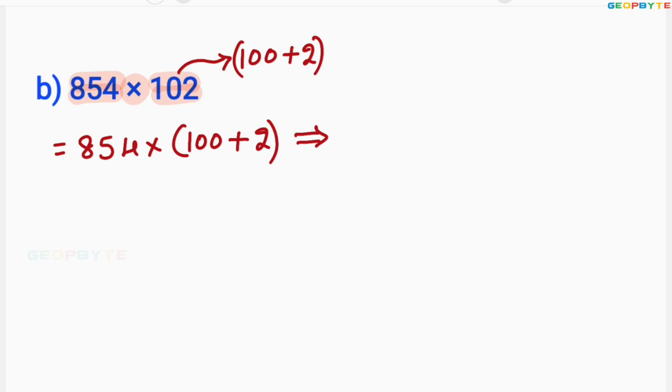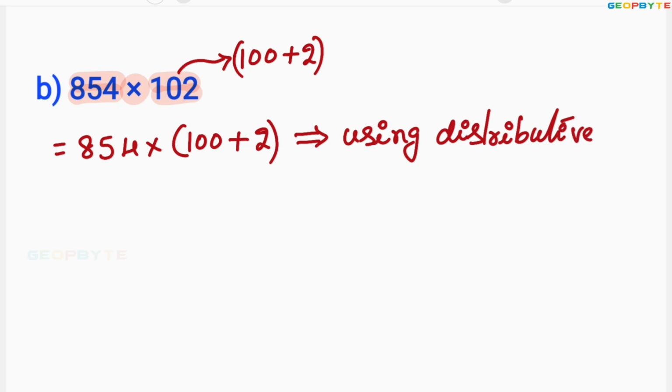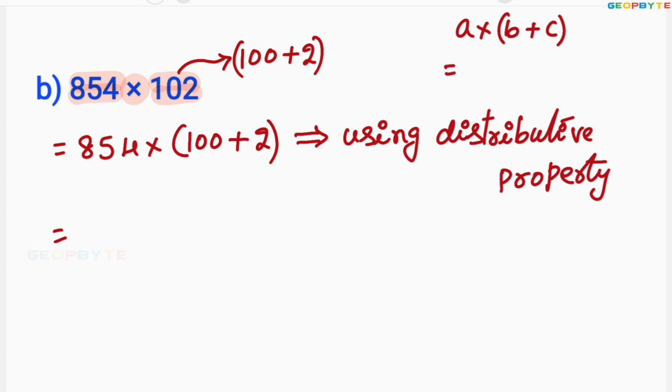We are using the distributive property. Right. So it is in the form of A into B plus C, and it can be written as A into B plus A into C.